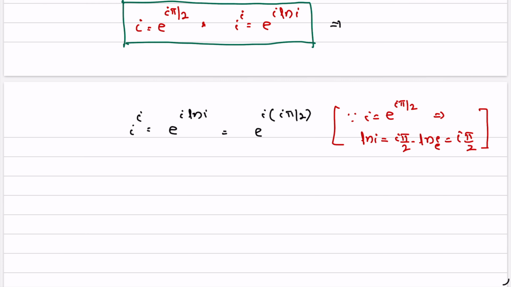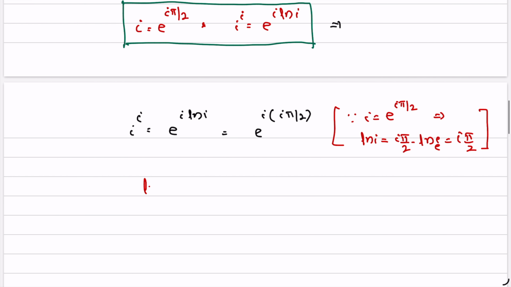Are you able to follow? ln i is equal to i pi by 2. This is another identity. We are just playing with the definition of i, the definition of e and the definition of the natural logarithm.